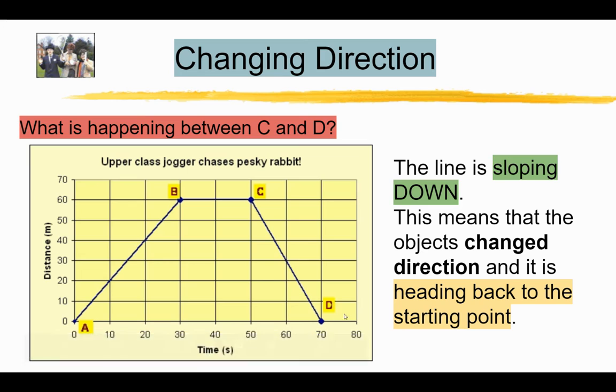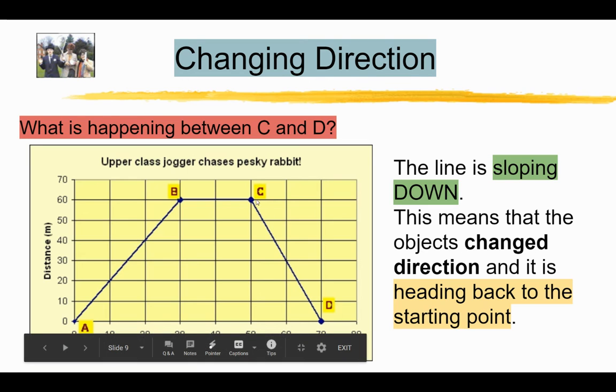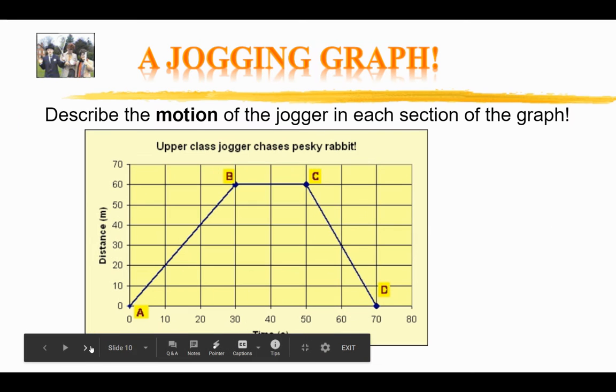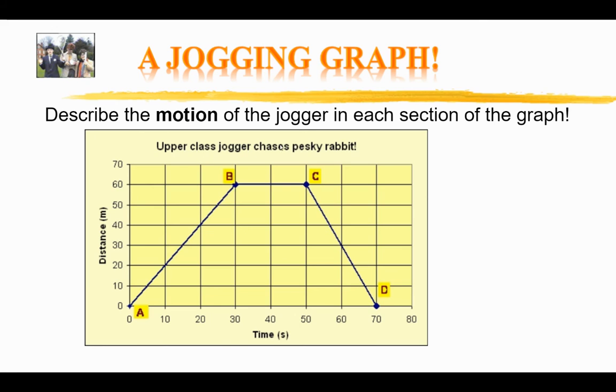I mean, that's what it is. When you see a line like this, it's heading back to the starting point. Okay? So this is constant speed in one direction. At rest, constant speed back to start. A jogging graph.